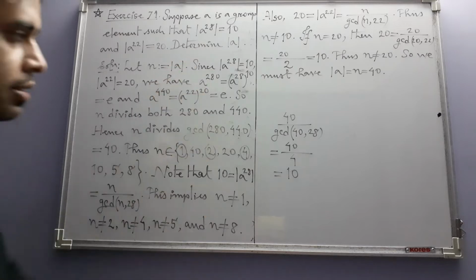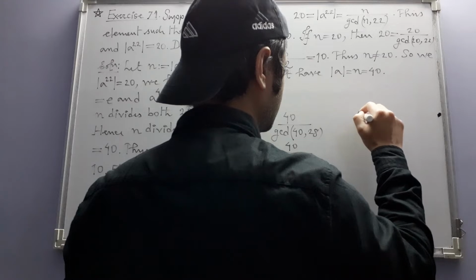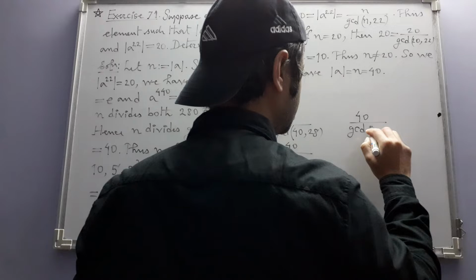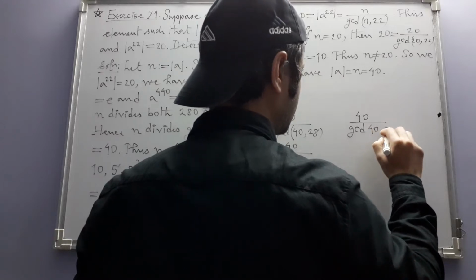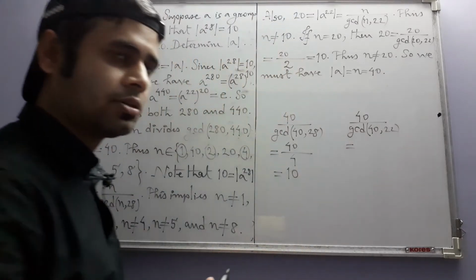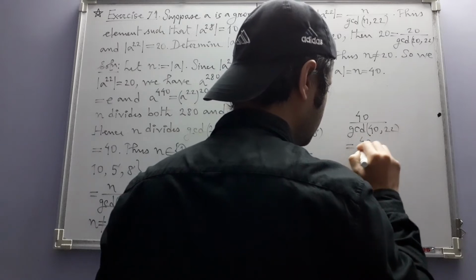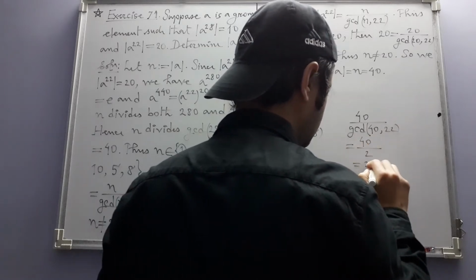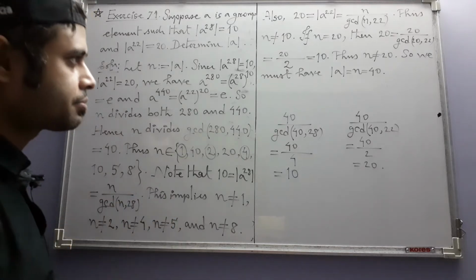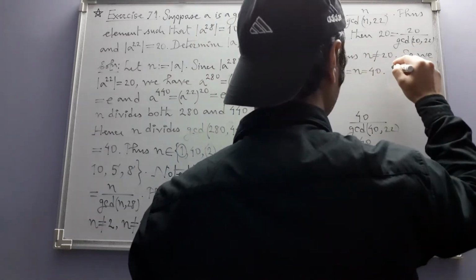Now what about that other one? 40 divided by GCD of 40, 22. 11 does not divide 40, so the GCD is 2. So this is equal to 20. So 40 is actually a possibility. In fact, we should write that also.